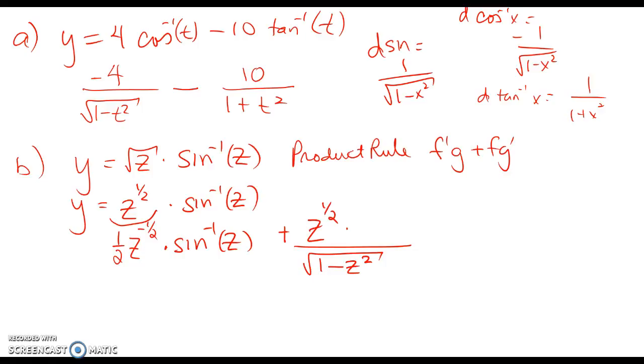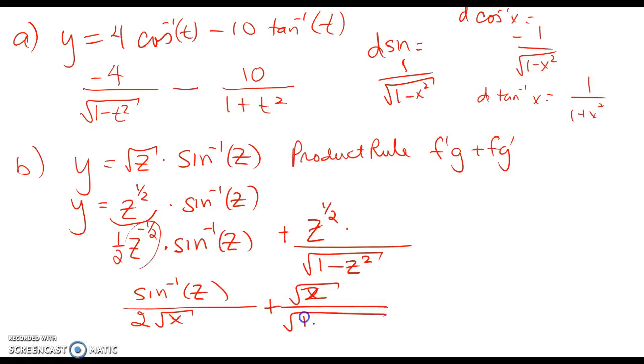Alright, so if we want, we can simplify this a little bit, because this will go in the denominator. I have a 2 down here. I'll put the square root of z in the denominator, and I'll have sine inverse of z. And then this will be plus, I can do this, that's a square root of z over the square root of 1 minus z squared.